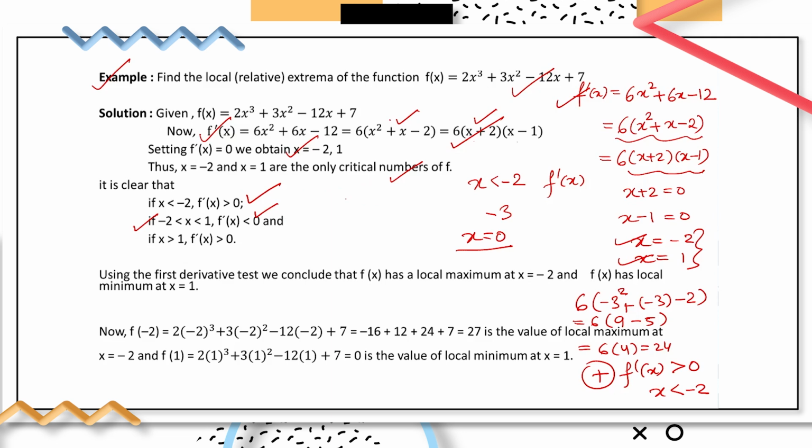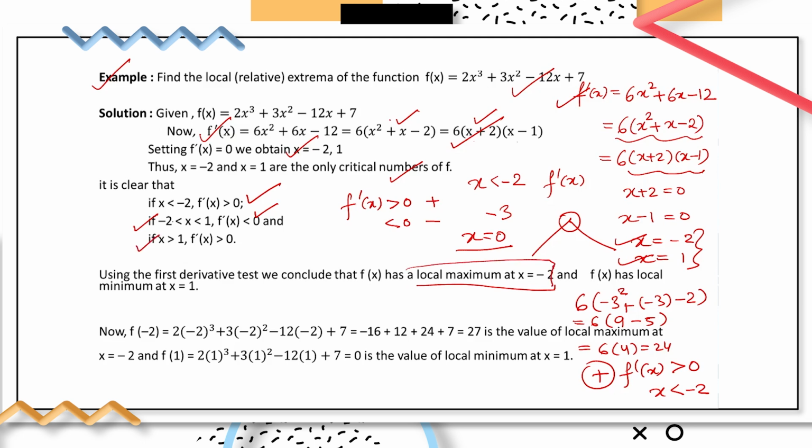So the variation in sign of f dash x is from greater than 0 to less than 0, that is from positive to negative. That means it is a maximum, so the local maximum lies at the point x equal to minus 2.